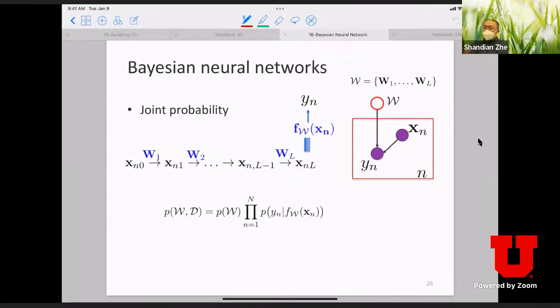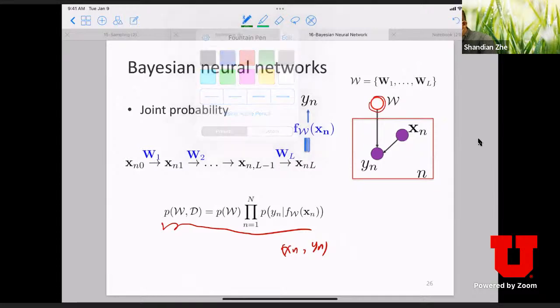And then how do we write down the joint probability? This is the general form of the joint probability of a Bayesian neural network. We have n data points, xn, yn, big N pairs of input and output. So the joint probability will be: first, we have some prior over the neural network weights, to sample the neural network weights.